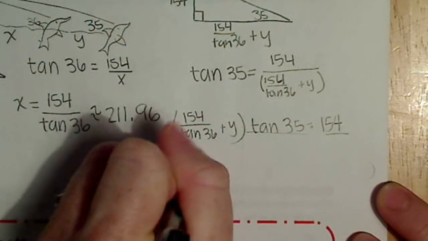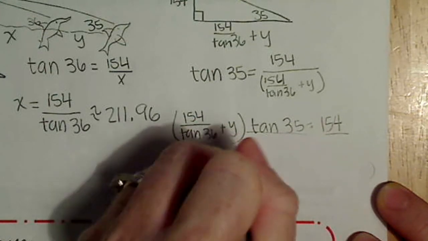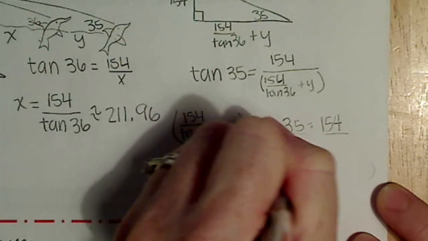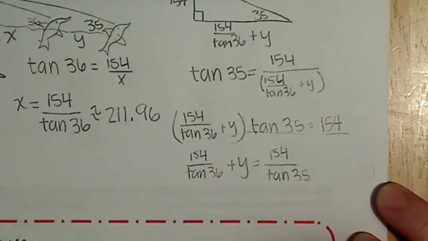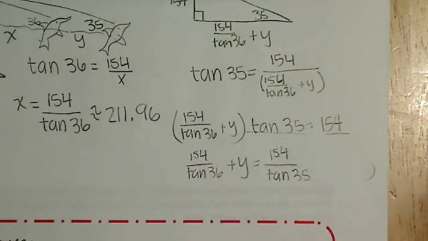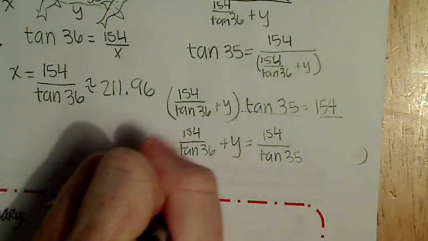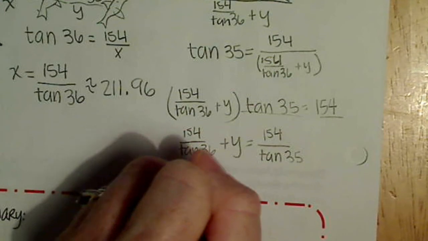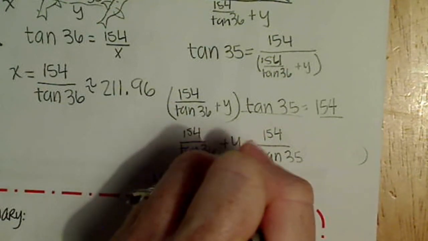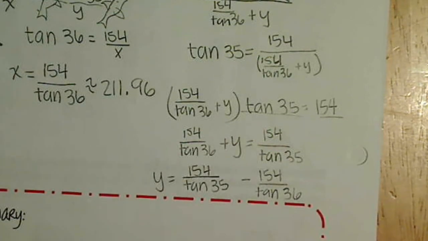So I get 154 over tangent of 36 plus y equals 154 over the tangent of 35. Okay, I want y by itself. So even though this is complicated, I'm just going to subtract it. So y equals 154 over the tangent of 35 minus 154 over the tangent of 36.